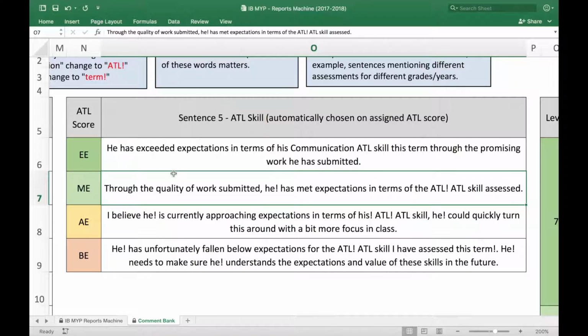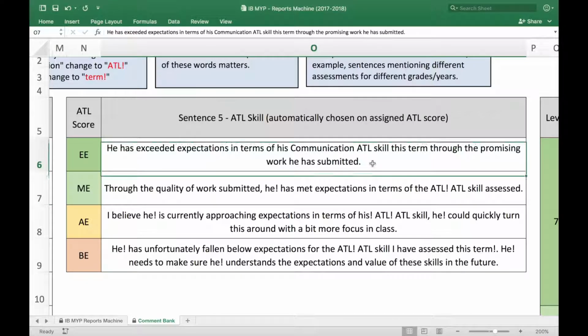So maybe this is the comment I actually want to use: He has exceeded expectations in terms of his communication ATL skill this term through the promising work he has submitted.